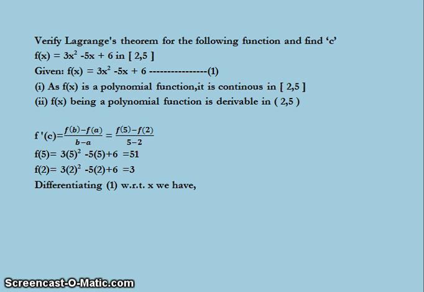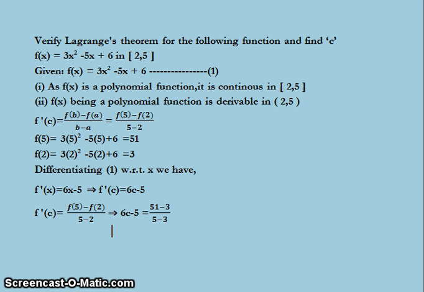Next, differentiating equation number 1 with respect to x, we have f'(x) equal to 6x minus 5. This implies f'(c) is equal to 6c minus 5. Therefore, f'(c), which is equal to (f(5) minus f(2)) divided by (5 minus 2), can be rewritten as 6c minus 5 equal to (51 minus 3) divided by (5 minus 2).